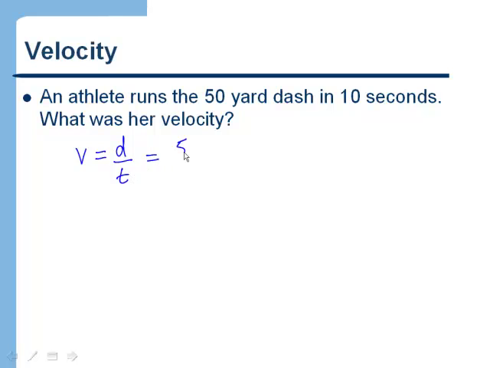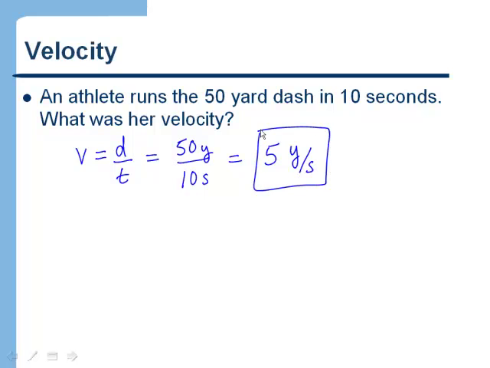So in this case, we're taking 50 yards divided by 10 seconds. And then when you write your answer, make sure that you not only write the number, but that you include the units, because without the units, we don't know whether it's right or not. So the answer in this case would be 5 yards per second.